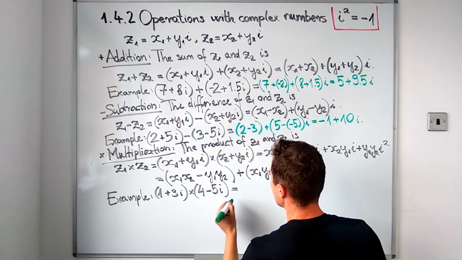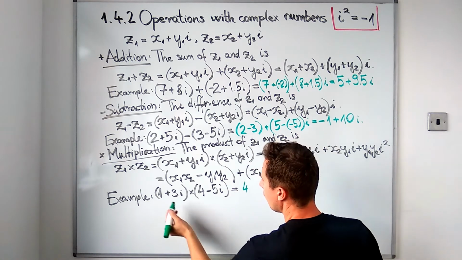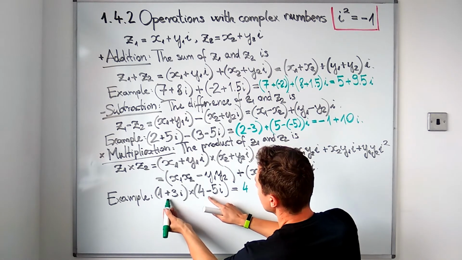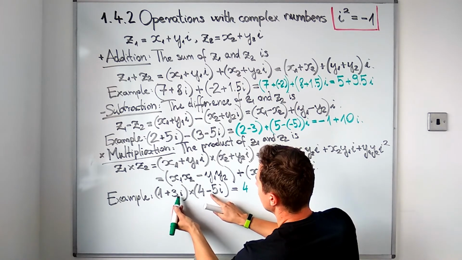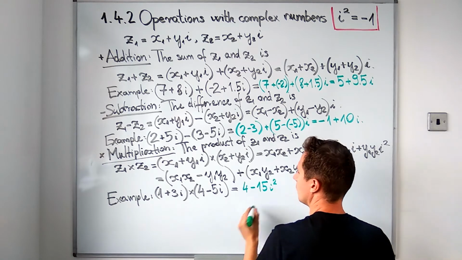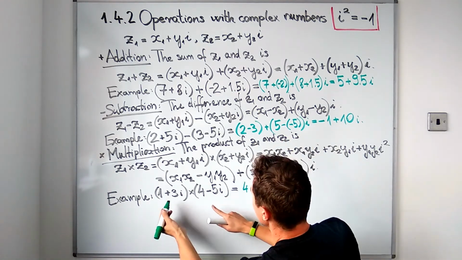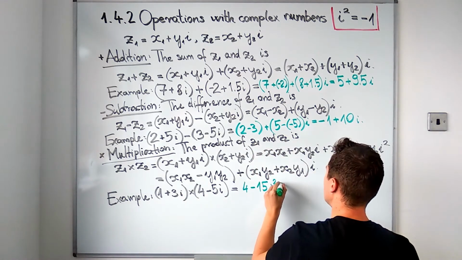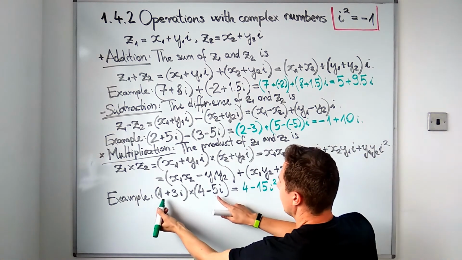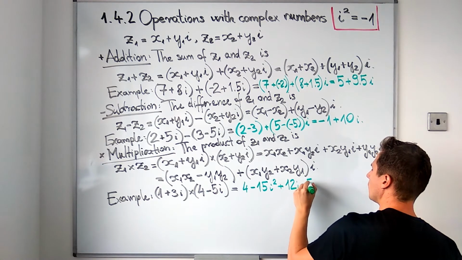So when we multiply 1 by 4, we get 4. When we multiply the terms containing i, we'll get -15 i squared, right? Then when we take the cross terms, we get 12i, and we also get -5i.